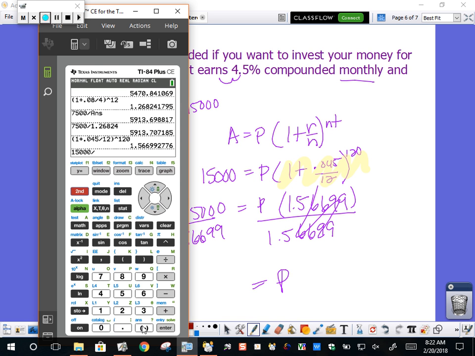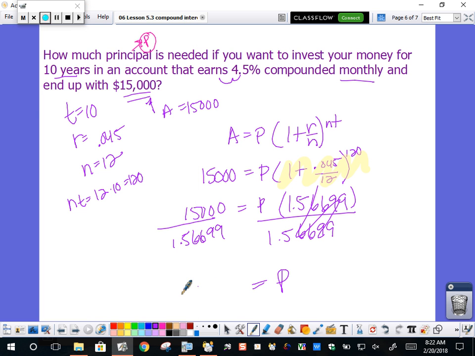I'm going to hit the negative for this little answer thing right here. Second answer, and hit enter. And that's my best answer right there. 95.72, and that would round to 48 cents. 95.7248. Okay, and that would be how much we need to start with if we wanted to have $15,000 after 10 years.